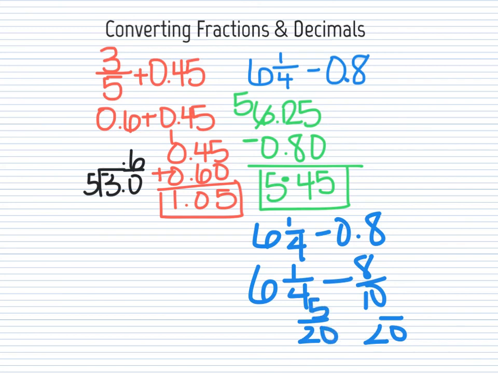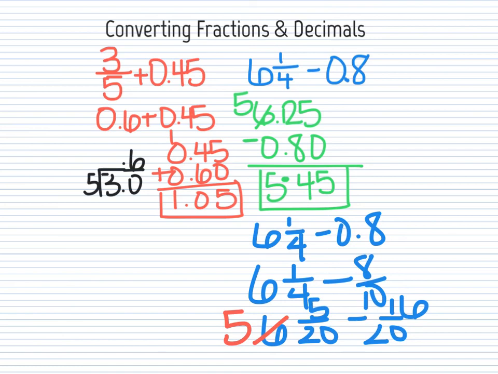This would be 5/20ths. This would be 16 20ths. But you might want to stop there and notice that if you do it this way, you end up having to borrow, which is fine. It works. Let me show you the borrowing. So I would have to borrow 1 whole from my 6, so I would have 5 left.